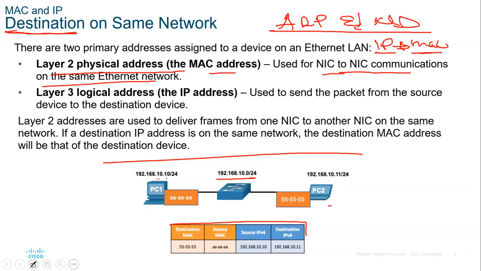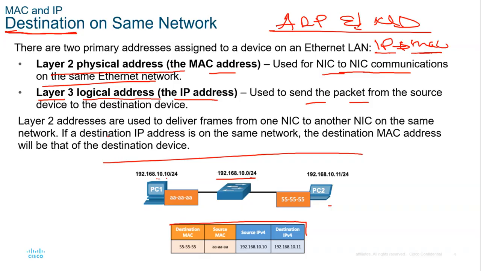Layer 3 addresses, you can call them logical addresses, still the IP address, are used to send packets from the source to the destination device. The layer 3 addresses do not change. Even if a frame is to pass through 1,000 devices, the IP address does not change.